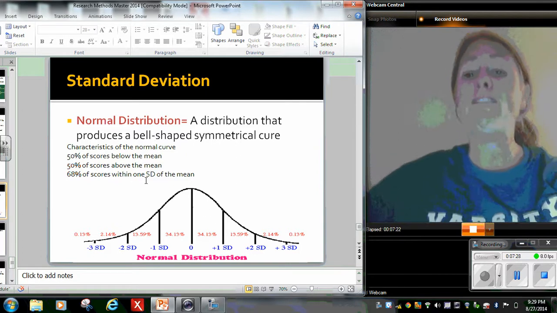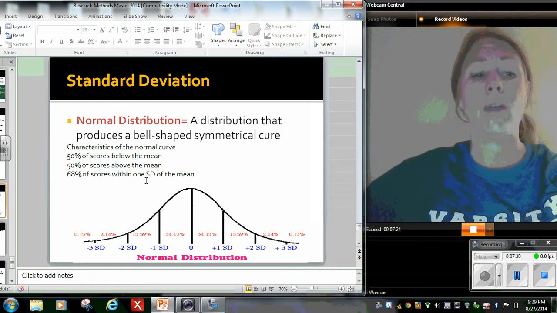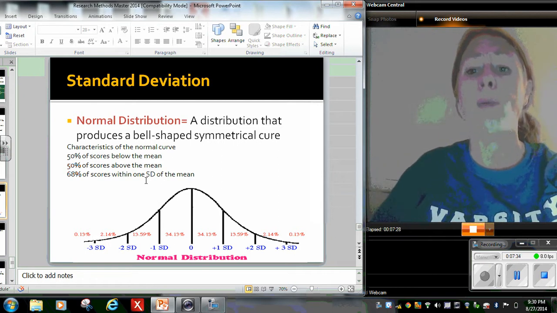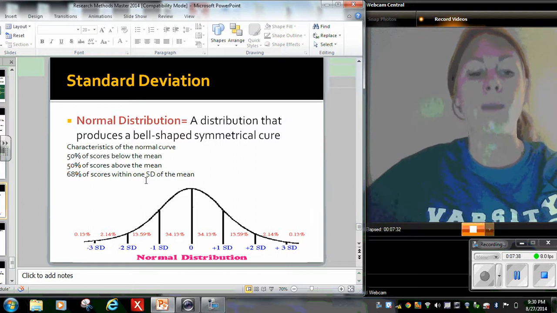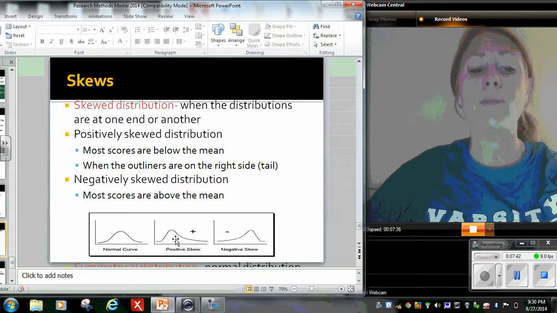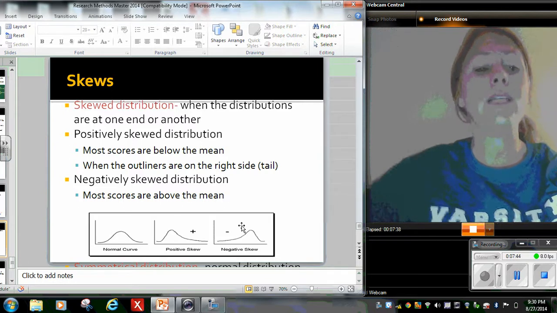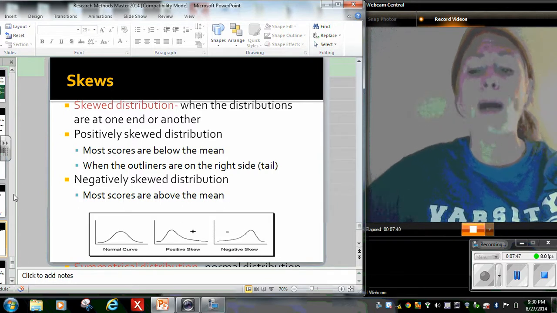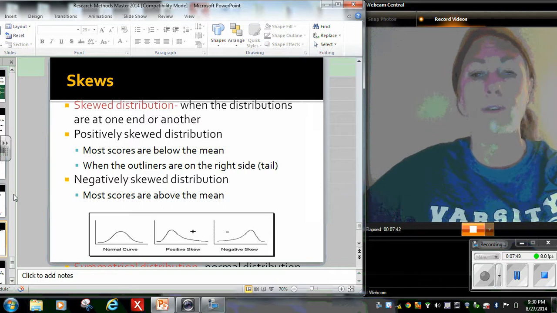You should also be familiar with the normal distribution curve, which produces a bell-shaped curve. This would mean that 50% of the scores are above the mean and 50% are below to have a normal distribution curve. Okay. If it's not normal, it could be skewed between these two. You should know the difference between positively skewed and negatively skewed.